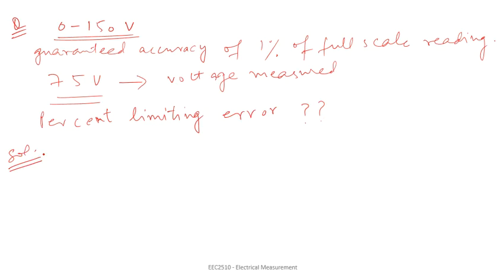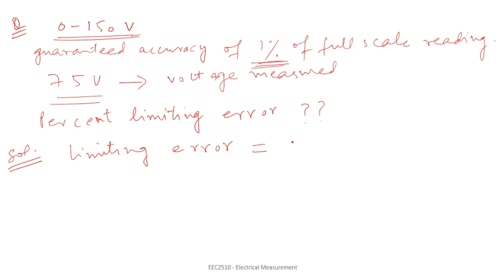Now we will proceed with the solution. Since it is given that the error is 1% of full scale reading, and the full scale reading is 150 volt, you have to calculate the magnitude of the limiting error, or you can call it the absolute error.